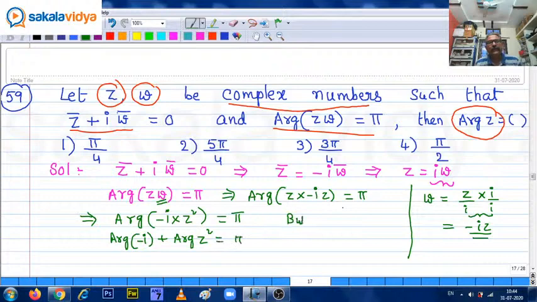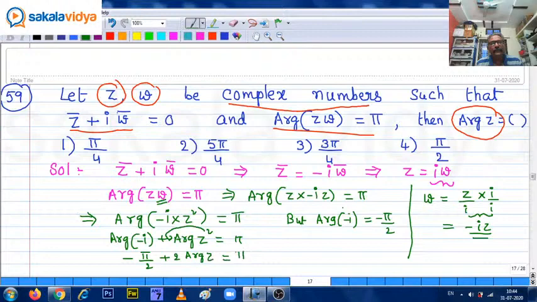But arg of minus I, the argument of minus I, is minus pi by 2. So minus pi by 2 plus arg z square. Just like logarithm, log z square means 2 log z, in similar manner 2 times arg z equal to pi.